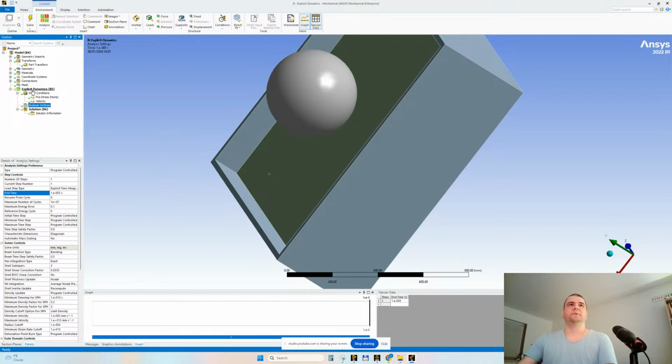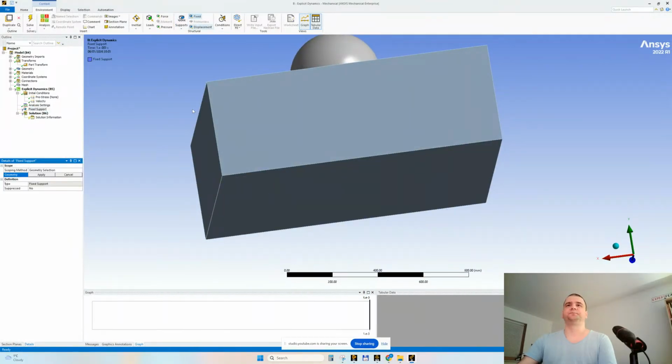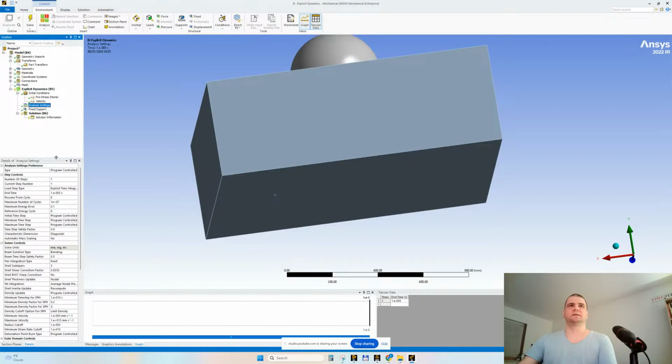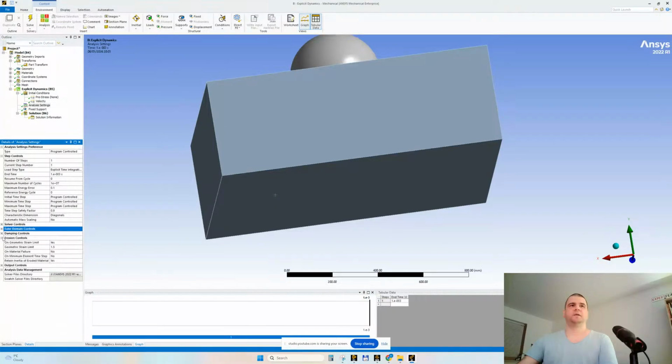All right. Before doing more, let's fix the bottom of the tank. Fixed. Apply. Back to analysis settings. We're not doing anything else at this moment. Maybe just for fun, make retain inertia no, and make it like a slow motion to have more frames.